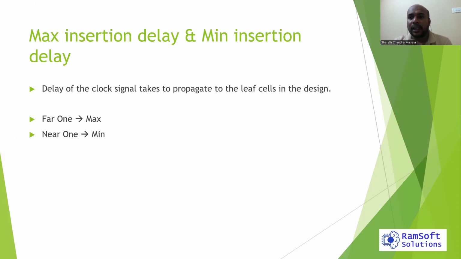We call them leaf cells. A leaf cell is nothing but the lowest sequential cell in the design. So how does the clock get propagated? The delay of the clock signal to propagate to the farthest leaf cell is called max insertion delay.